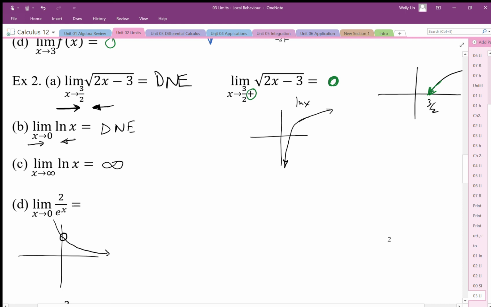Well, we actually have no problem, because we can evaluate this value at 0. So this becomes our two-sided limit from this side and this side. There's no hole there, so we just plug it in. 2 over e to the 0 is equal to 2.